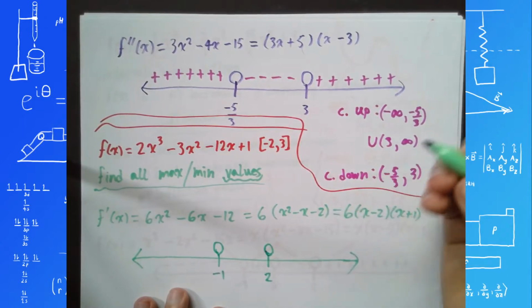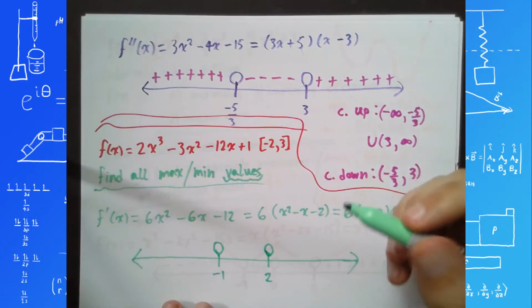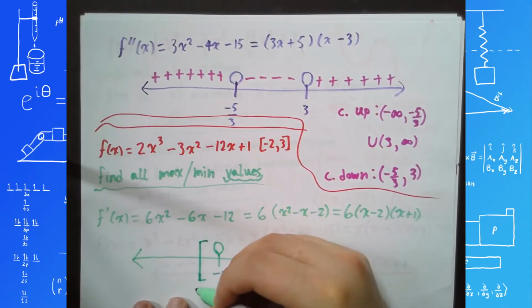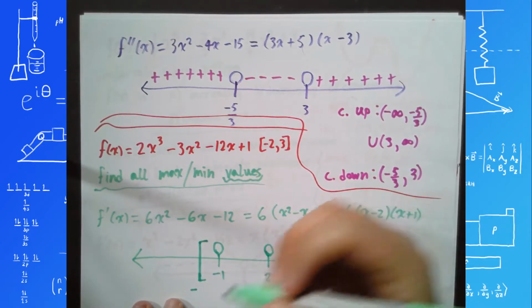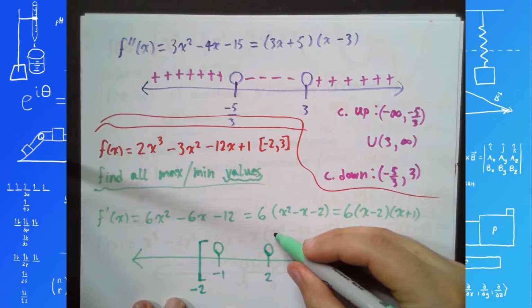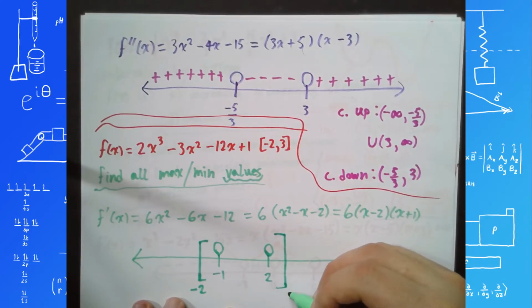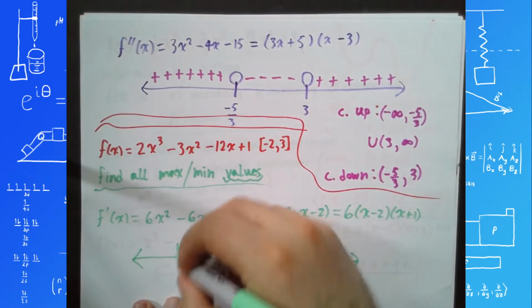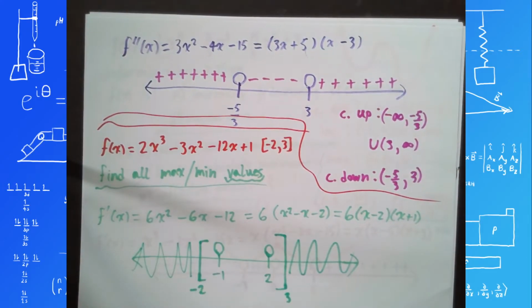So that's where I have zeros. This time I have a limited interval, so I'm going to go ahead and draw a closing bracket at negative 2 and a closing bracket at positive 3, and just scribble out the rest of the number line. And let's sign test all of our values here.